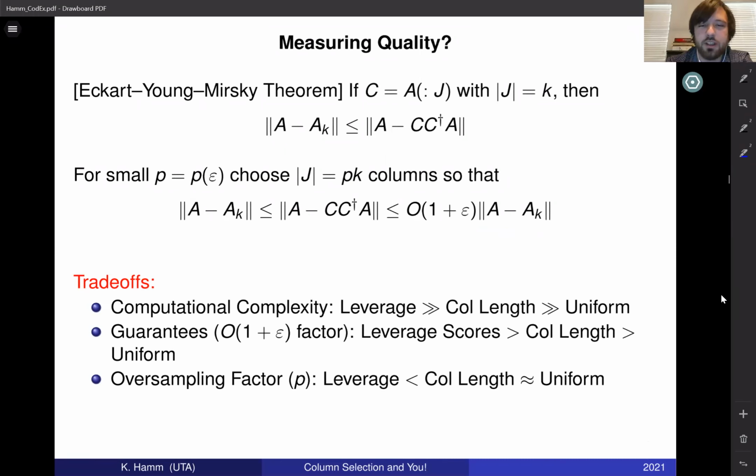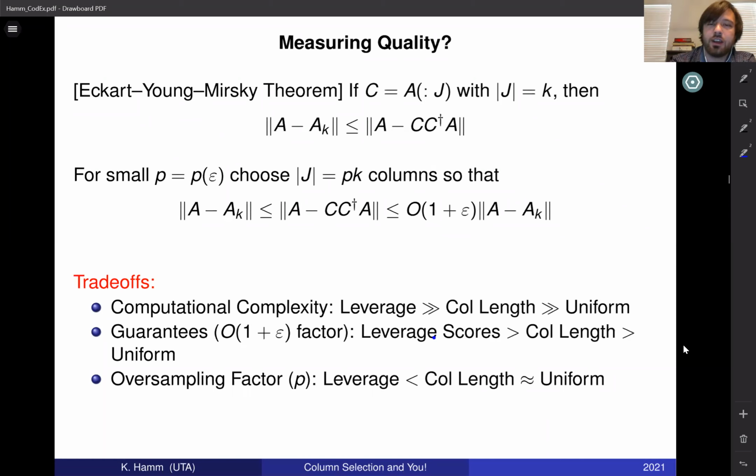So I essentially mentioned this before. For computational complexity, leverage scores are the largest, going down to uniform being obviously the cheapest because it's constant time. The guarantees go essentially in that order. Leverage scores give the best guarantee with the best oversampling, the smallest oversampling factor. Column length and uniform sampling typically give worse guarantees.